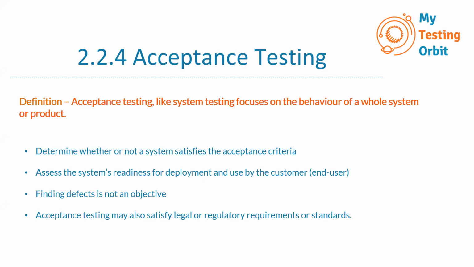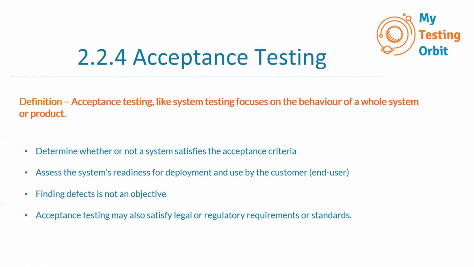The third point is that finding defects is not an objective. If we go through the objectives of all the previous test levels, component, integration, and system, we will see that finding defects is a major objective in all of them. But in acceptance testing, finding defects is not an objective.